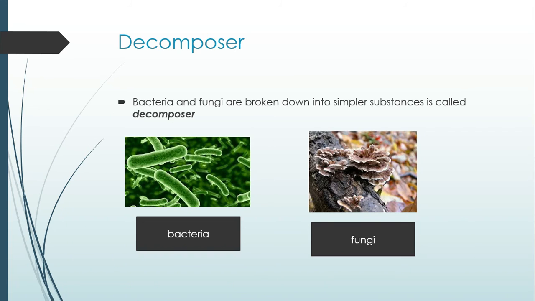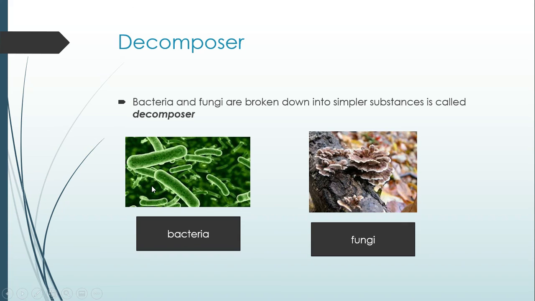Decomposer. What happens when living things die? When plants and animals die, they are broken down into simpler substances by a group of organisms known as decomposers. These substances are nutrients for plants. Bacteria and fungi are decomposers.